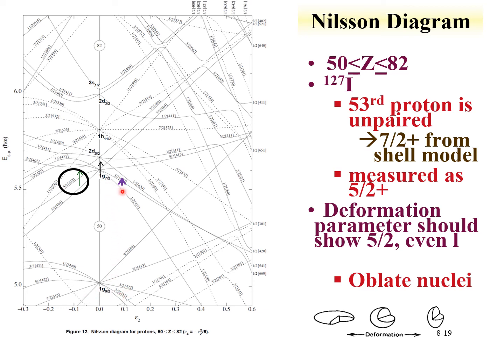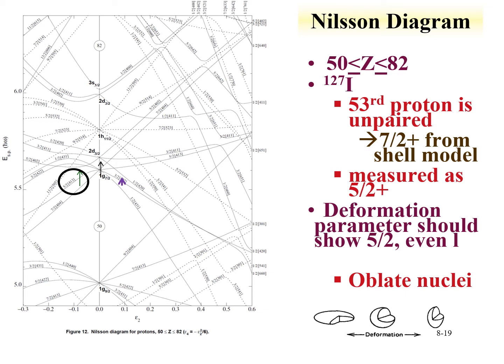51, 52, 53 here. We actually see that for the oblate nucleus, it would be in this 5/2 shell. 50 would be here, 51 and 52 would be in the 7/2, and 53 would be in the 5/2 shell. We see that the spin and parity of iodine-127 is 5/2 plus.